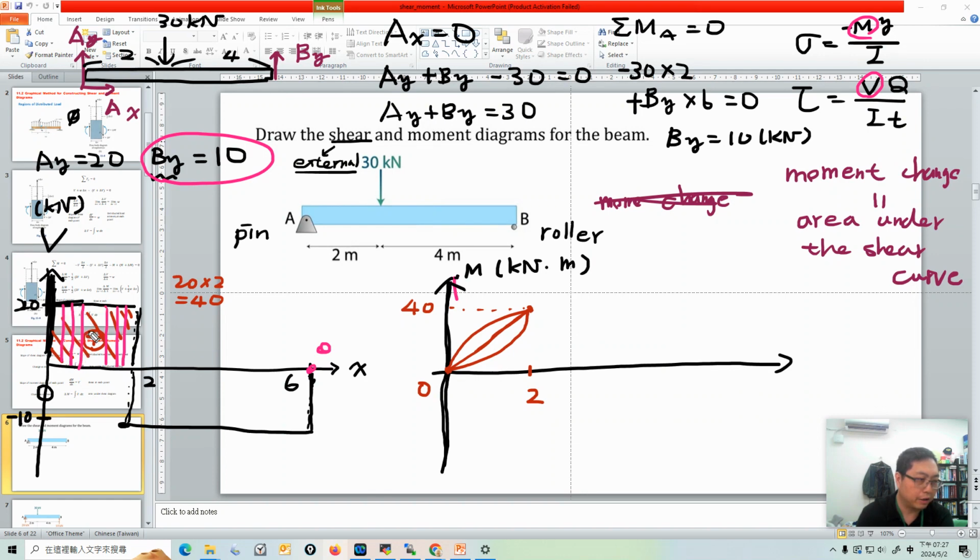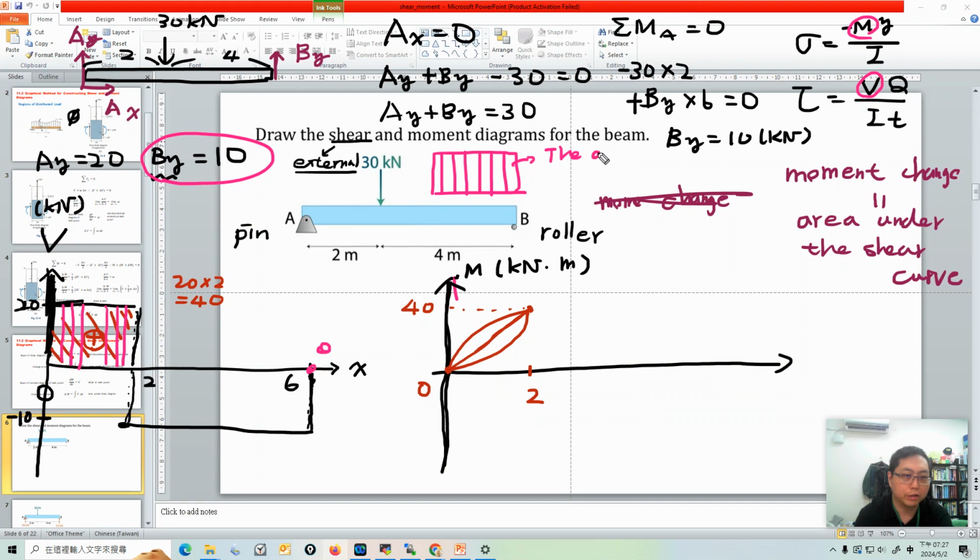If we slice this rectangle, maybe I draw it here, you see the change is steady. I don't draw it very well, but the area is steady.